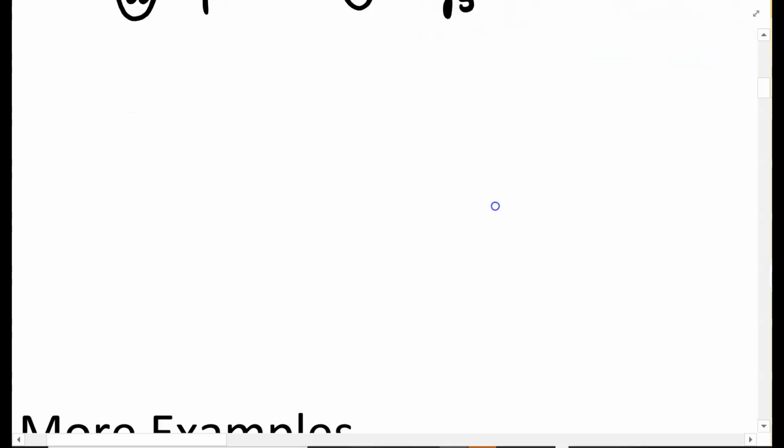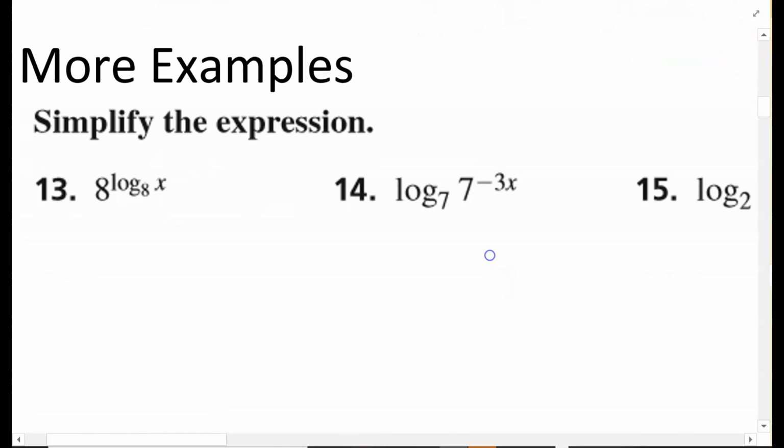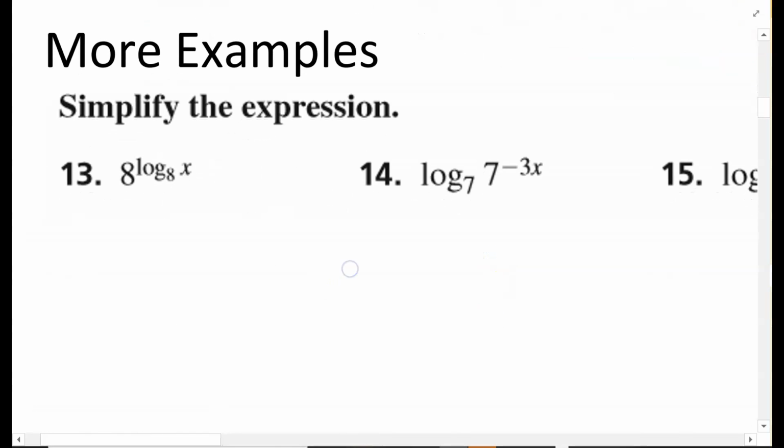Let's look at a few more examples of this. What effect does the base of 8 have on the log base 8? It cancels it, leaving us with just x.